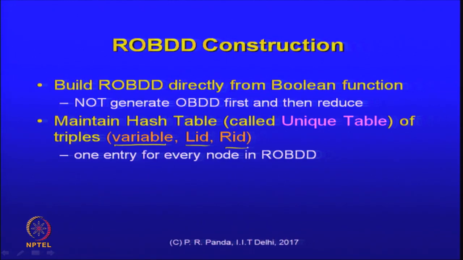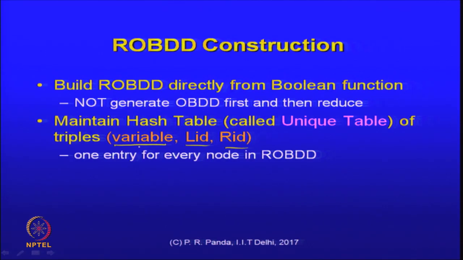So, when I come across a new node in that OBDD, I want to check whether this triple of variable, left ID and right ID has already been computed or encountered before. If it has been encountered, I should just reuse that label, I should not create a new label. That is the essential computation that we are doing.